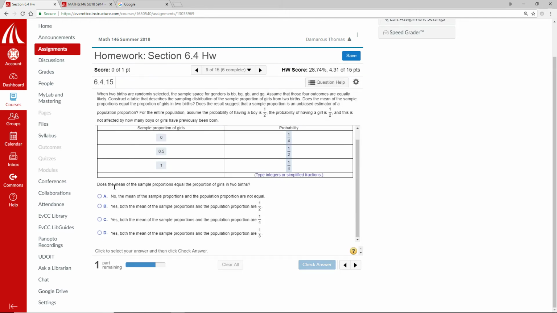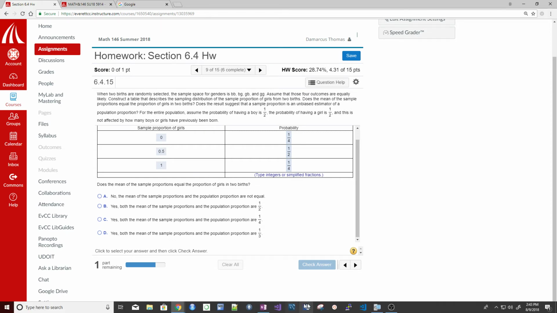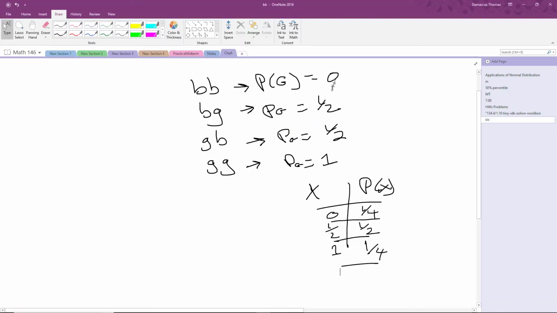Does the mean of the sample proportions equal the proportion of girls in two births? Well, it will. If we take the average of these, if we add them up and divide by 4, I get 2 over 4, which is a half.